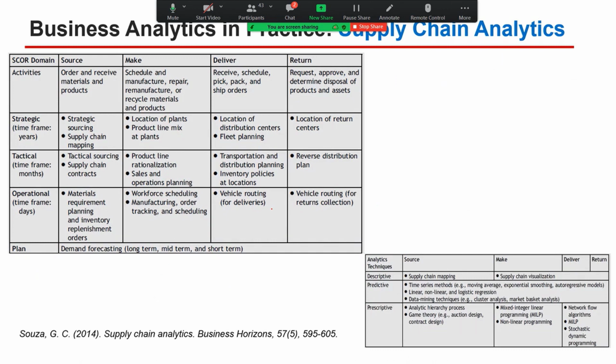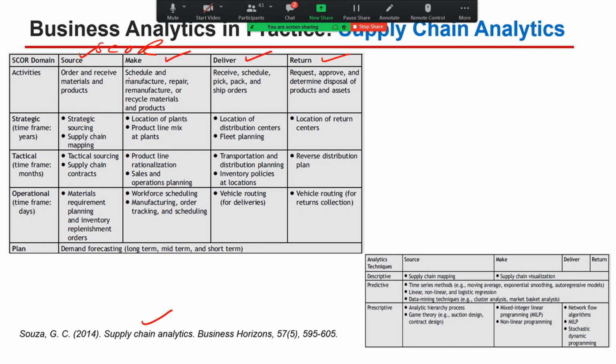So I have taken these two pictures from this particular article, which is a very good article. Over here, you can see that they are mentioning the SCOR model, which is the Supply Chain Operations Reference model, in which we have the four main areas which are important in terms of the supply chain: sourcing, making, delivery, and return.